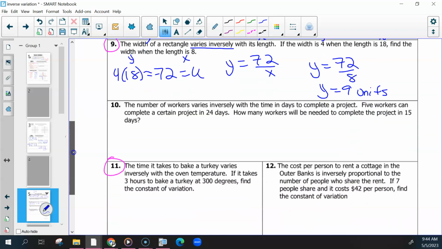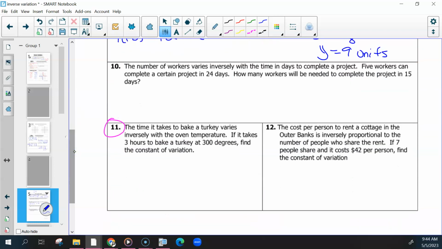Last one, 11. What's x plus y? Okay, so we have a y, we have an x.